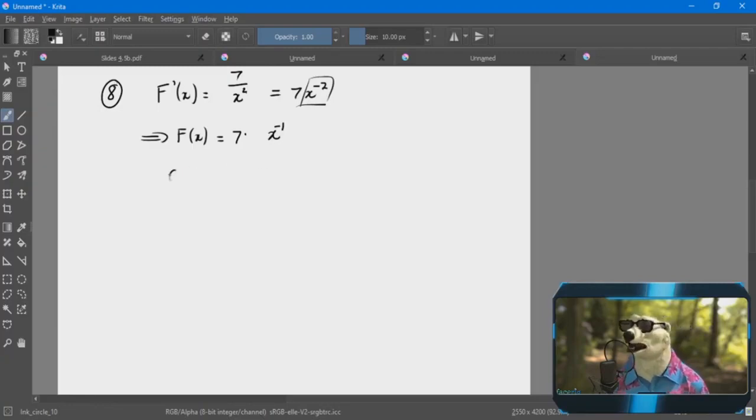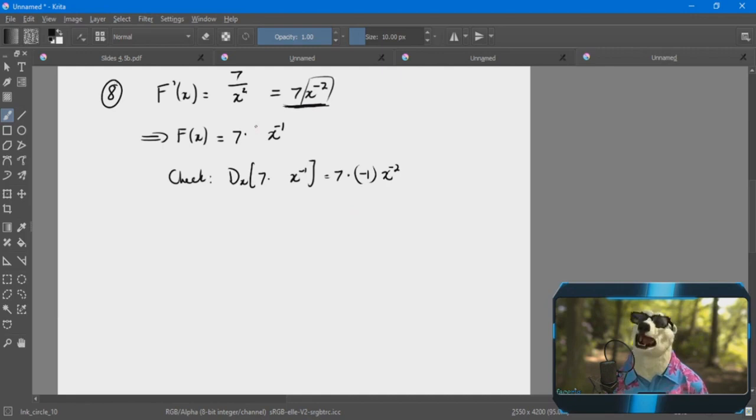Now if I leave it like this and I check the derivative of 7x to the negative 1, I keep the 7 in front, but the power rule is going to put a negative 1 in front and then decrease the power of x to negative 2. I do want the negative 2 as the new power of x. That's good. But the numbers aren't exactly the way I want them in my target.